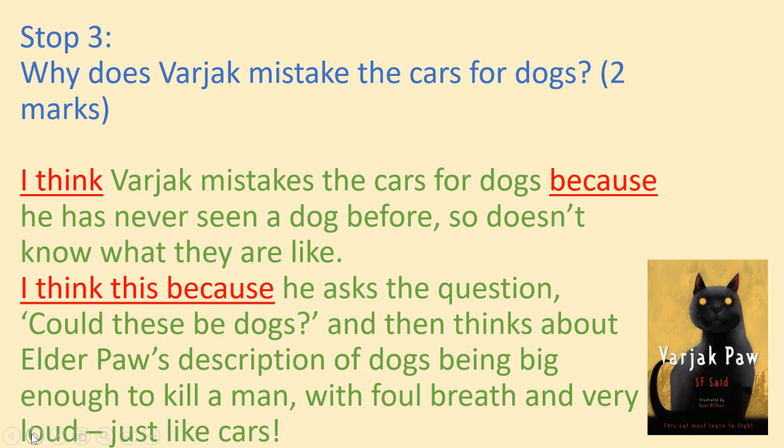The Elder Paw's description of dogs could be describing a car, couldn't it? And because Varjak has never met a dog before, he doesn't really know what he's looking for. That's my answer. What do you think? Why do you think Varjak mistakes the cars for dogs? Say your answer out loud, then write it down on your piece of paper or your home learning book. Do that now.